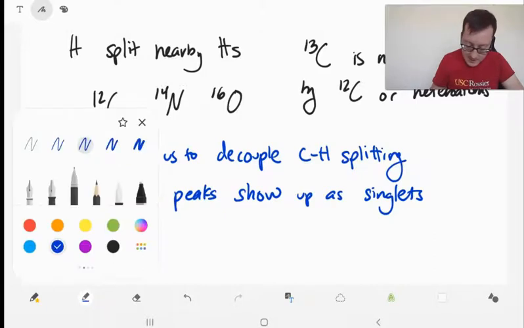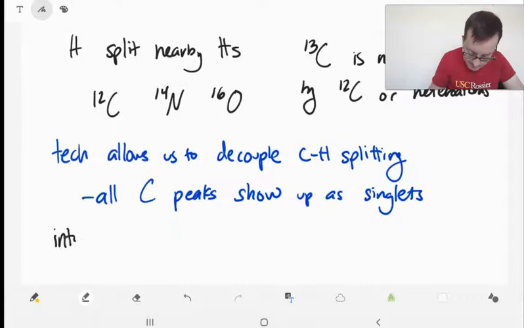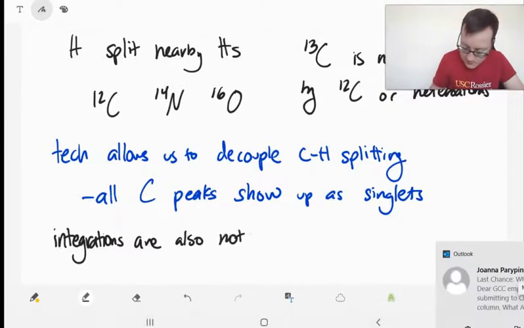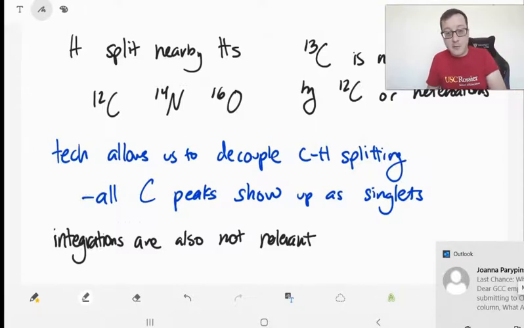We also see that the integrations are also not relevant for us for a couple of reasons. Just because of the way that these are acquired using the Fourier transform and this decoupling, we don't get reliable integrations.